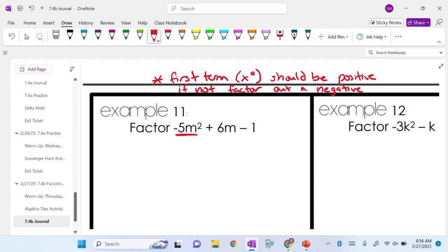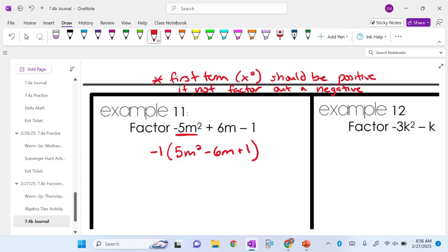So in this case, I'm going to take out a -1 on the outside, and I'm going to divide all these terms by -1. So I basically just switch the signs. So 5m squared minus 6m plus 1. Because if that value is not negative, it makes it so much easier.